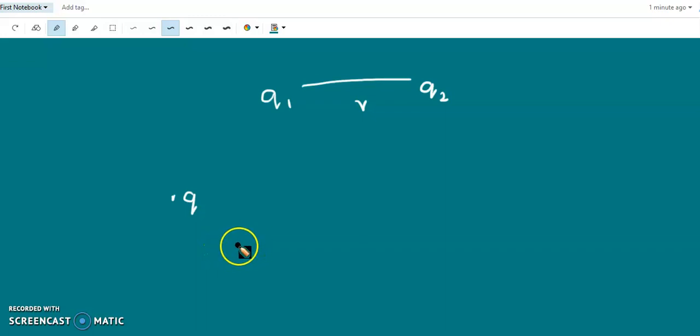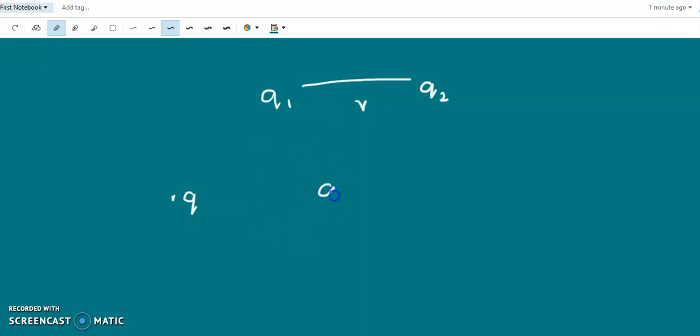The strength of this electric field can be measured by placing another charge in the electric field. So in order to measure the strength of electric field, we place another charge.